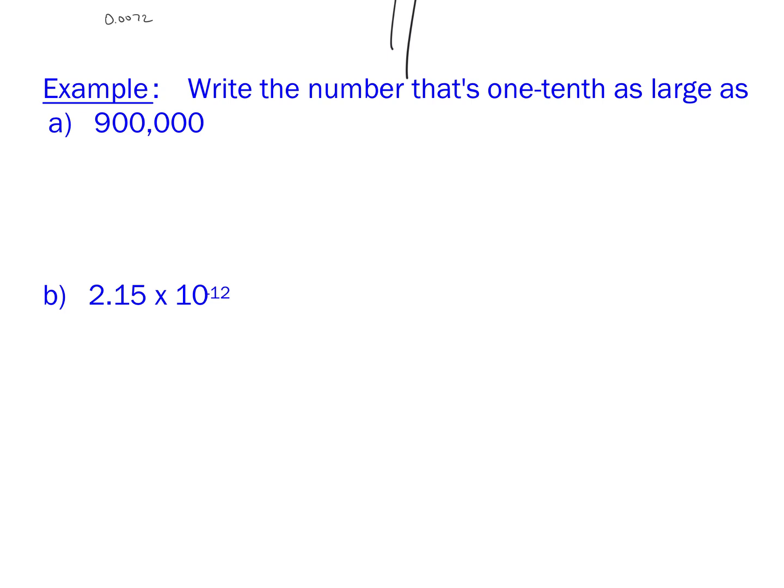You would add -1 for the exponent? Yeah, you would. For sure. Absolutely. You're absolutely right. But can we think about this in general terms? How do we find the number that's 1/10 as large as?